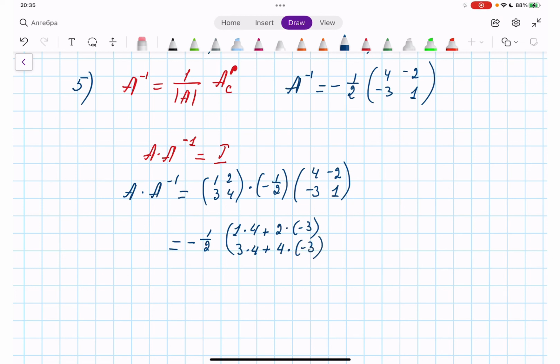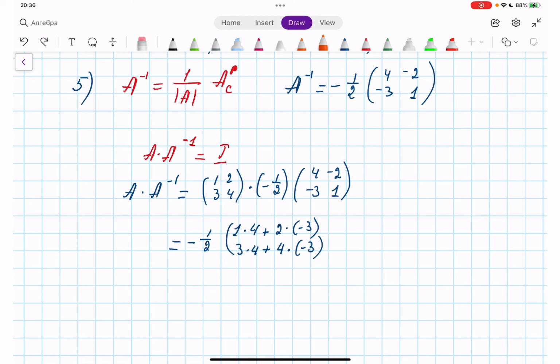Okay, so next, now let's work on the second column. What we are going to do, we are going to take this 1, multiply by negative 2, and 2 multiply by 1. So the row of the first we multiply by the column of the second.